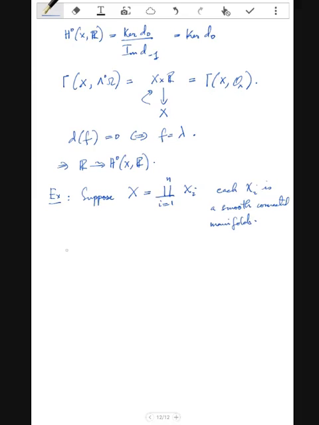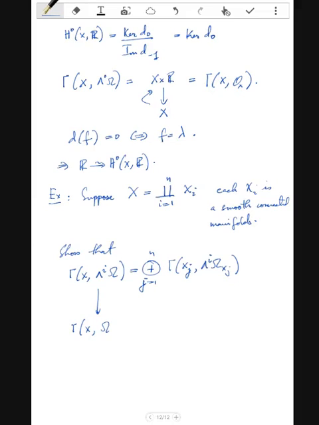So convince yourself, or show that gamma x exterior i omega is the direct sum over j equal to 1 to n of gamma xj exterior i omega xj, and the differential is also equal to the direct sum of the differentials.